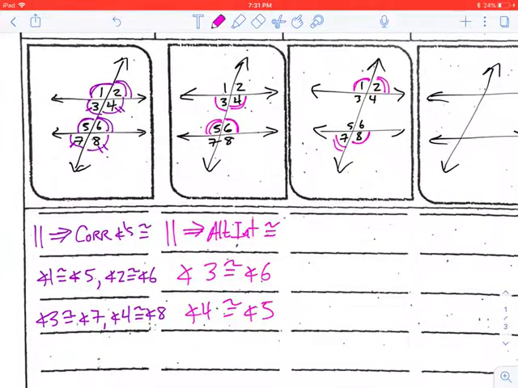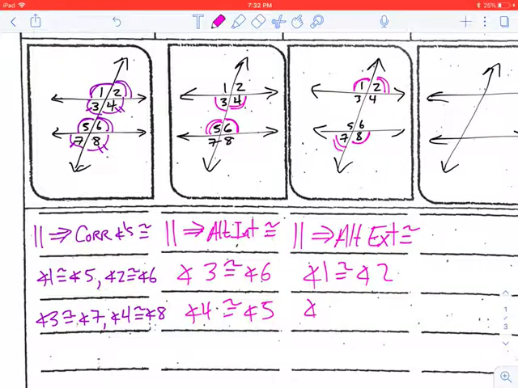So in the same fashion, if they're parallel, that implies that the alternate exterior angles are congruent. So angle 1 goes with 8, and then angle 2 goes with angle 7.